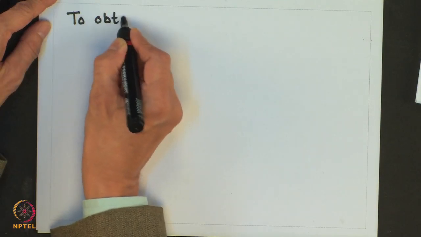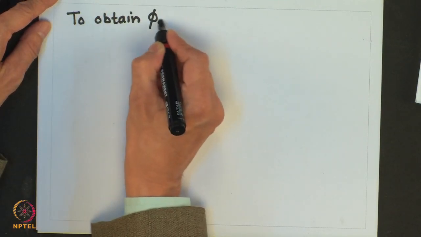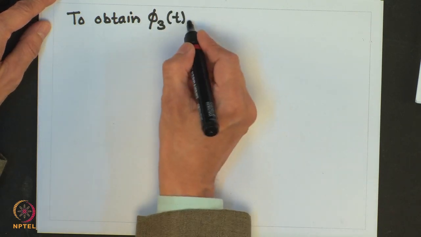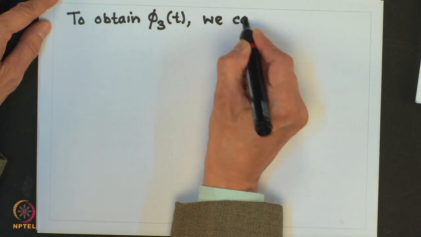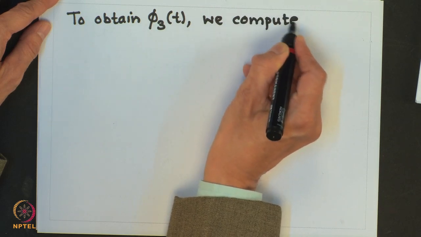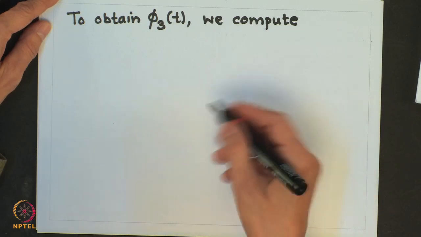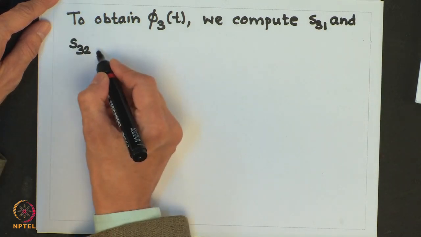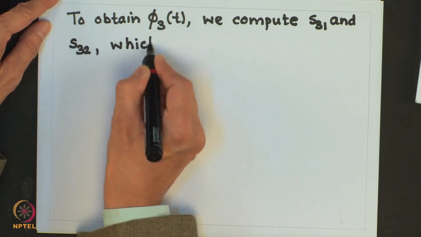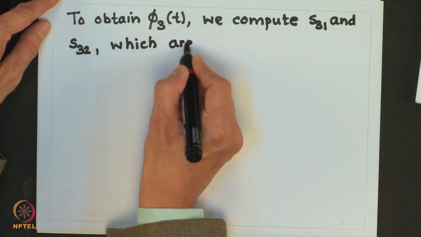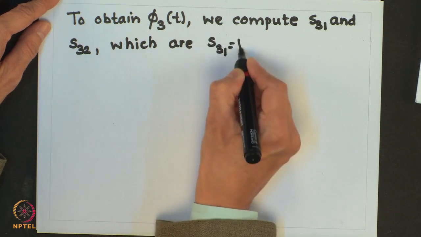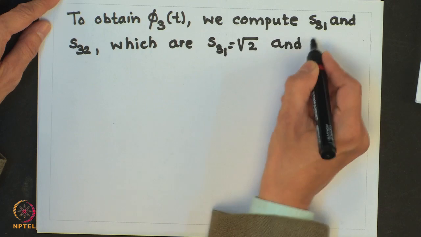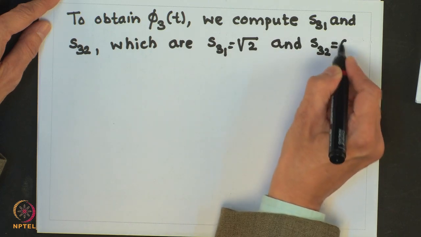Okay? Fine. So, now we proceed to obtain phi 3(t). For this we need to compute the projection of s3(t) on phi 1 and phi 2. So, these are the coefficients, which are s31 is equal to root 2 and s32 is equal to 0.